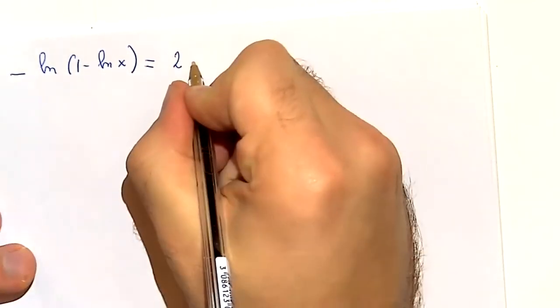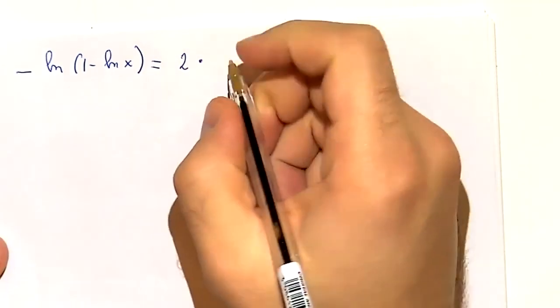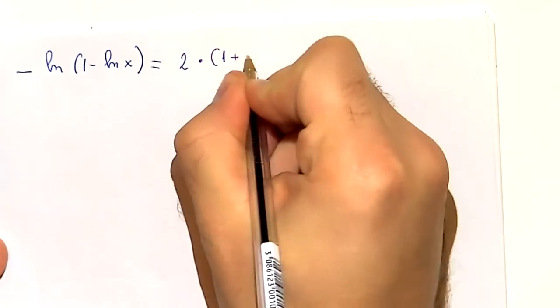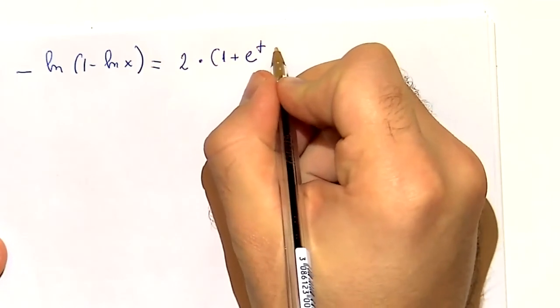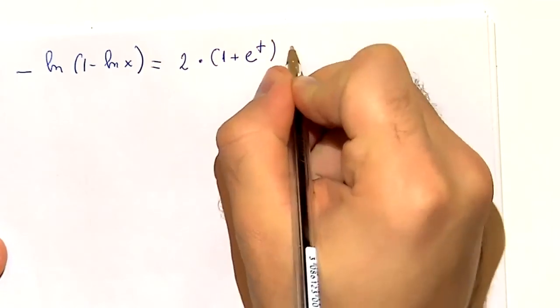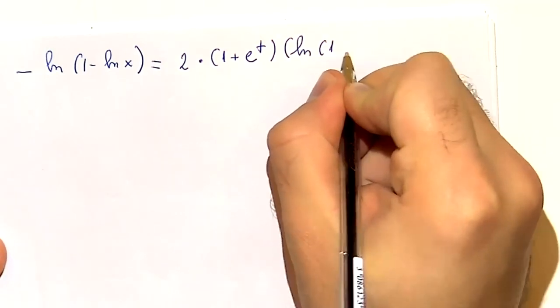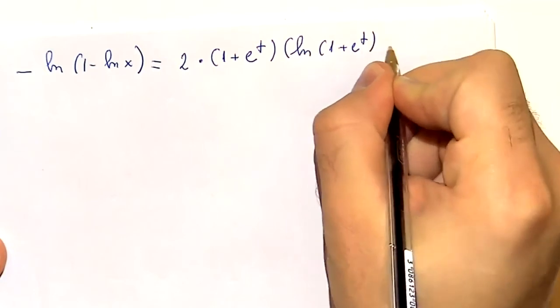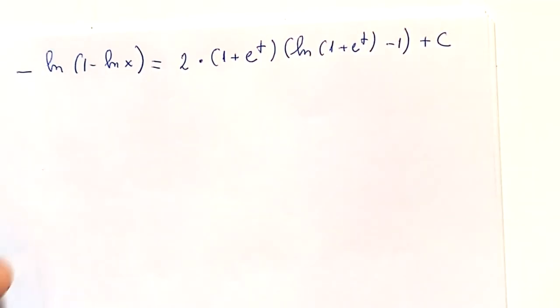This is just equal to 2 multiplied by 1 plus e to the power of t log of 1 plus e to the power of t minus 1, plus a constant.